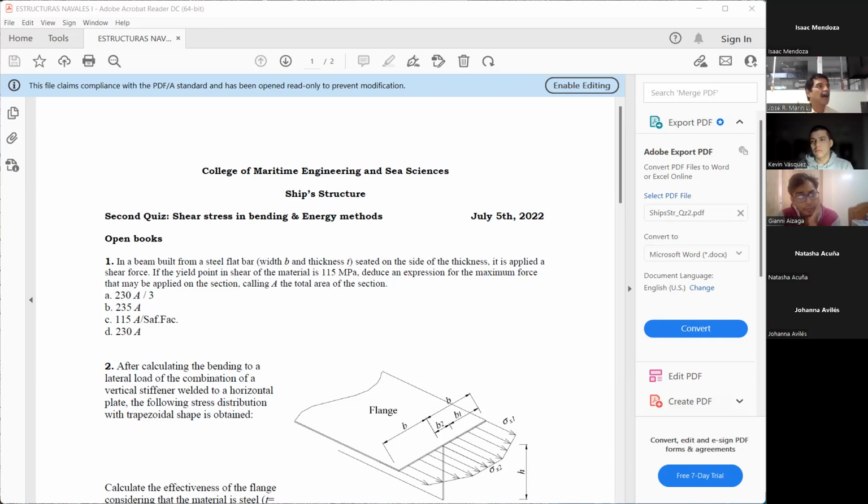Good. Now, let's go on. Is Mr. Vanegas here? No? Okay. Mr. Vanegas, do you remember how to evaluate the maximum value of the first moment, big Q, for the flat bar?